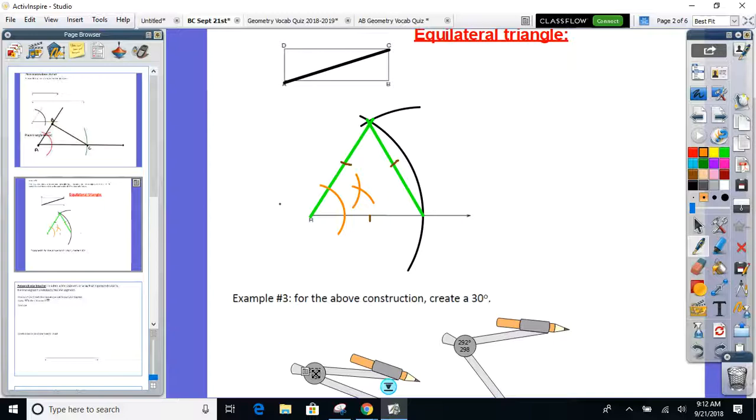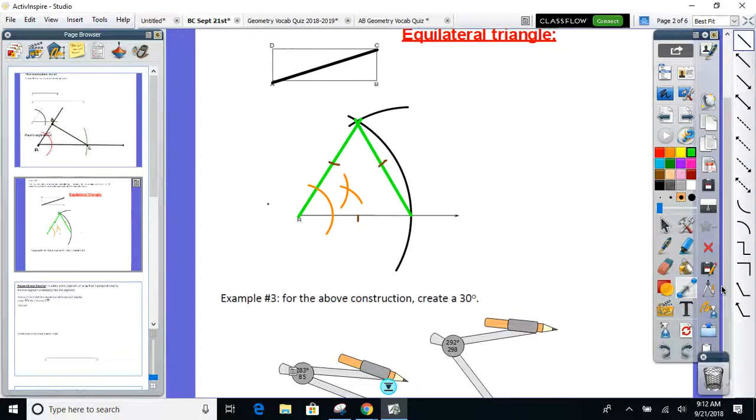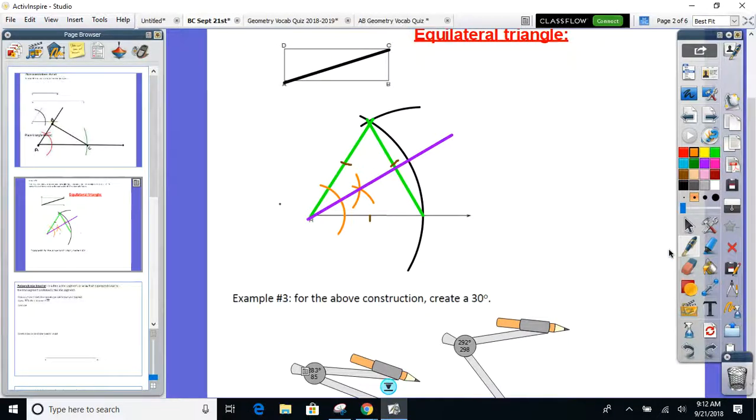And some of you grab your straight edges, bisect the angle now. You guys know what a bisector looks like. Bisect the angle. And if this was originally 60, what's each piece now?